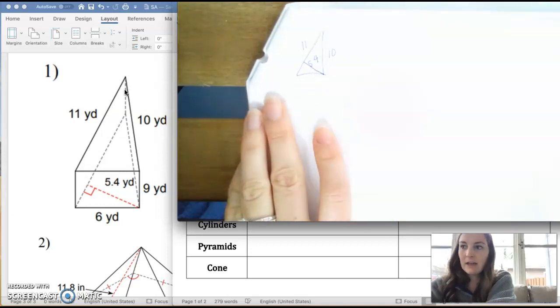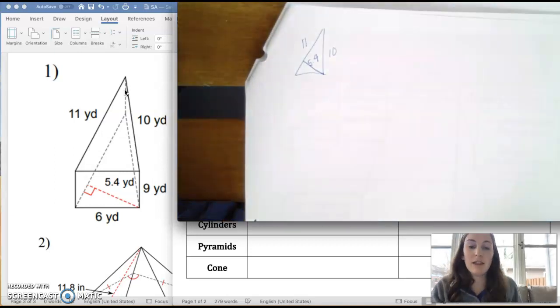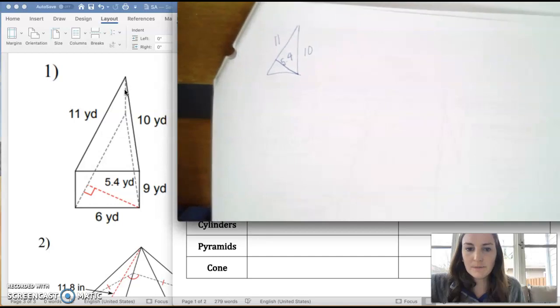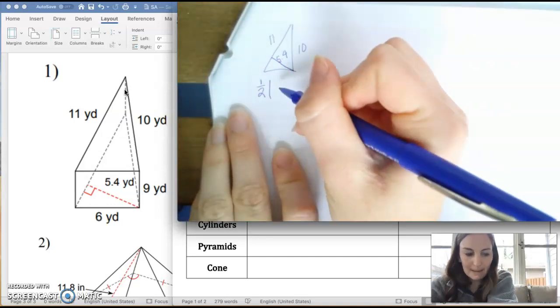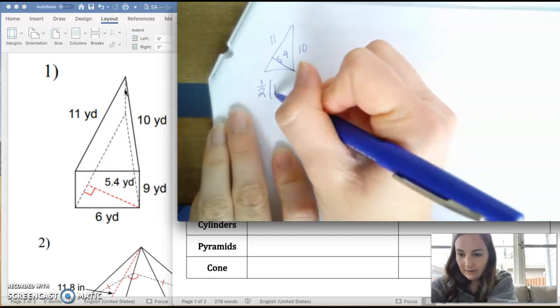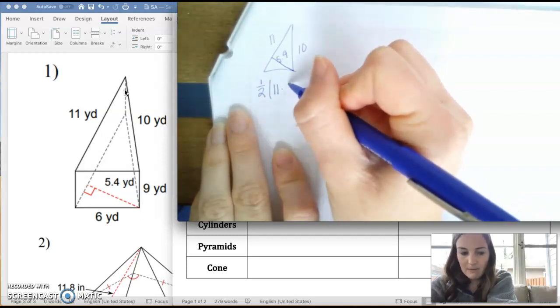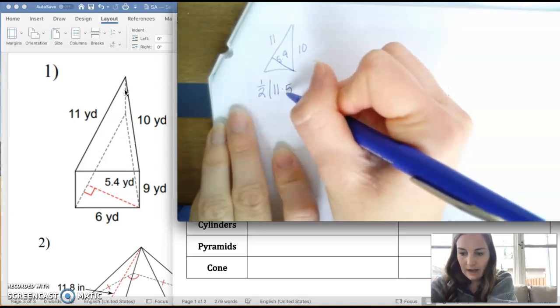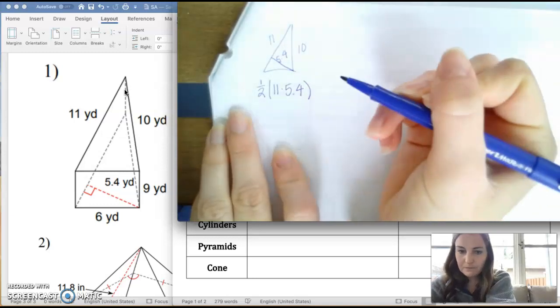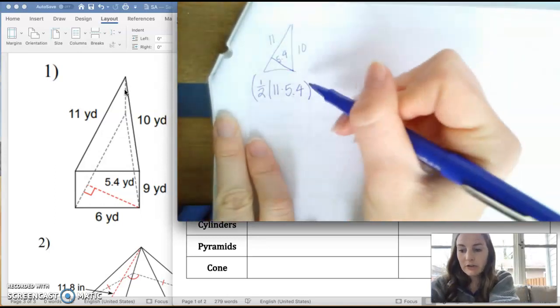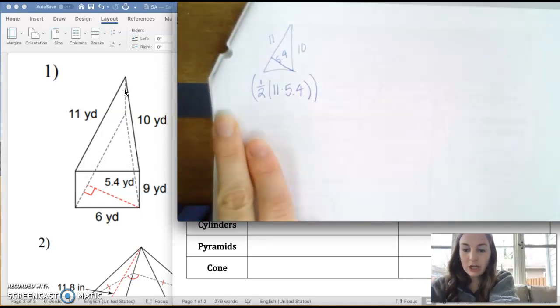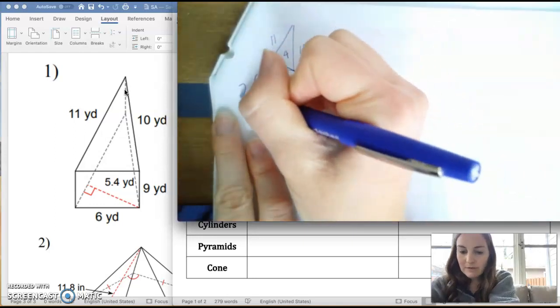So if I want to find the area of just that, I could do the triangle 1/2 times my base, 11, and my height, 5.4. So that would be one triangle. But there's 2 of those triangles, right? There's one above the shape and one below, and so we have 2 of those.